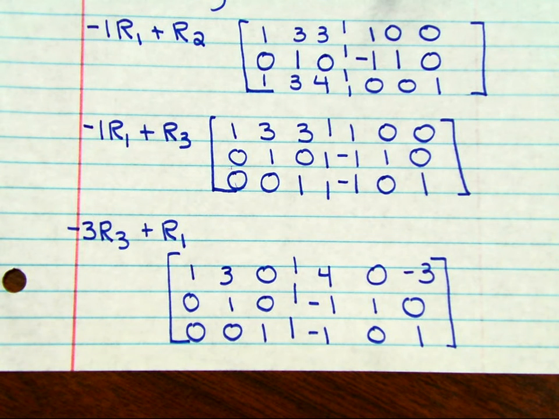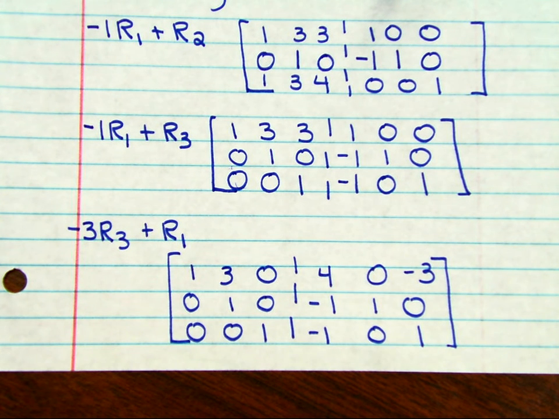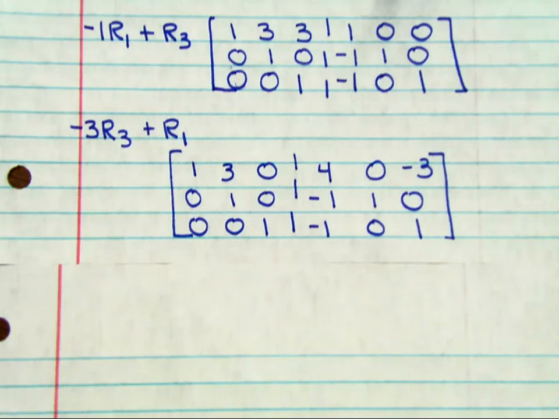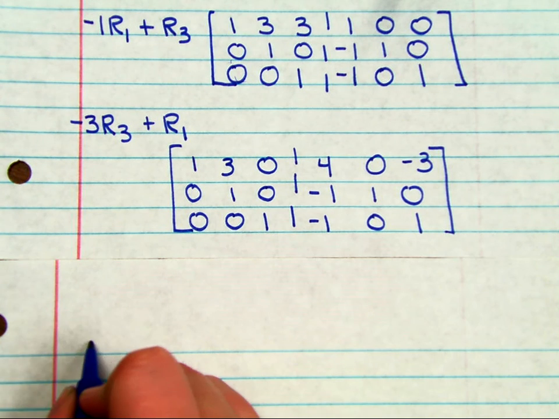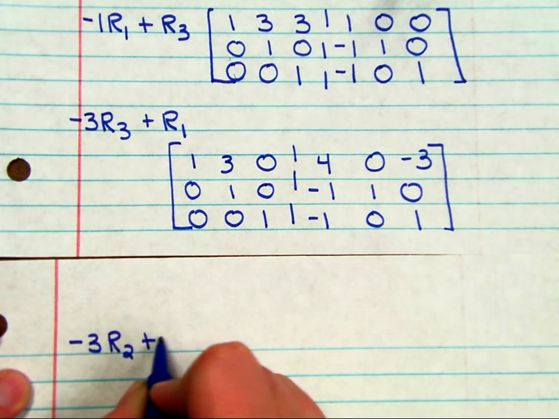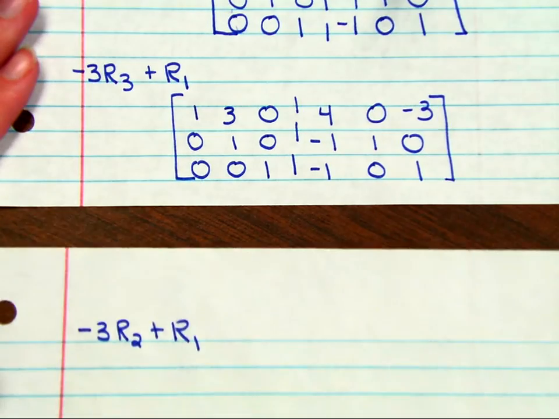Now I have one last step to do. I want to get this 3 to be a 0. So I am going to take negative 3 row 2 and add that to row 1. Negative 3 row 2 plus row 1. I'm going to try to leave that on the screen so you can see what I'm doing.